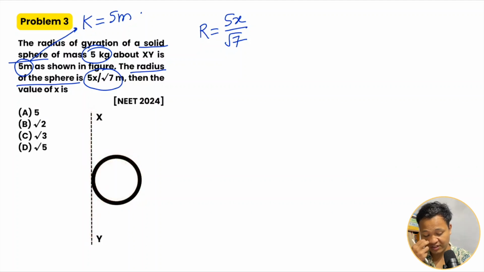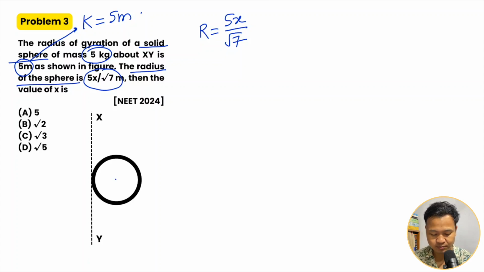You have to find the radius of gyration about this tangential axis. There is no direct formula, so we have to apply the theorem and find it ourselves. Here we use the parallel axis theorem.